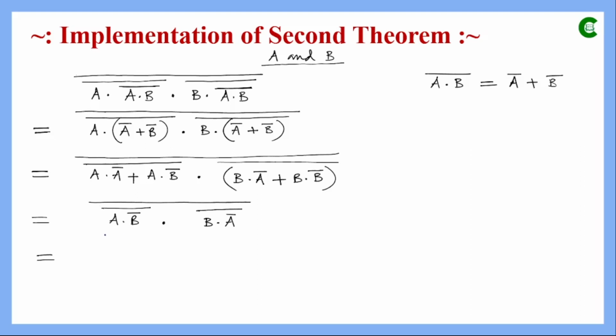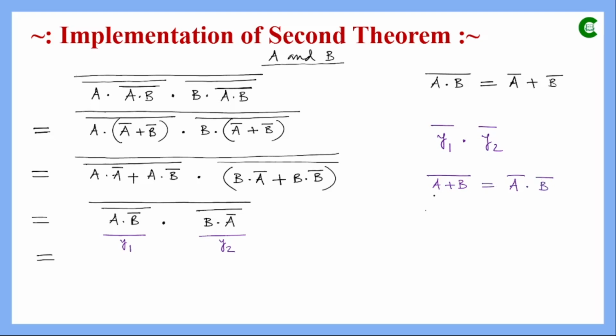Now a AND b bar, if we take that as one Boolean variable, say y1, and b AND a bar as another Boolean variable y2, then it's like y1 bar AND y2 bar. We have already learned the first theorem of De Morgan's, which was a plus b whole bar equal to a bar AND b bar.